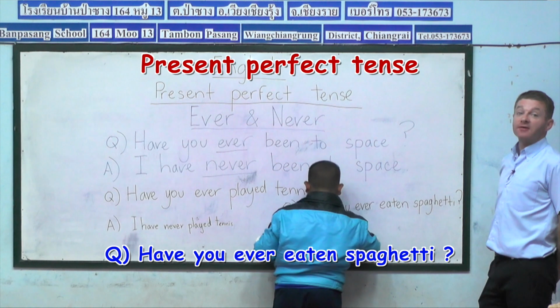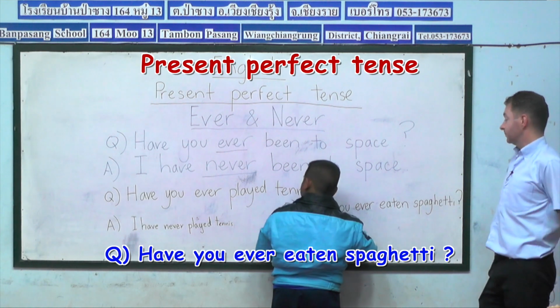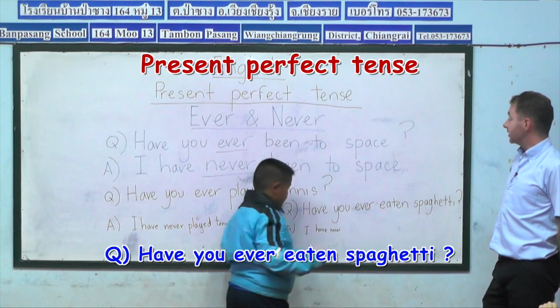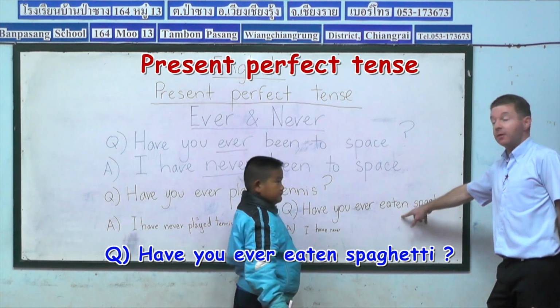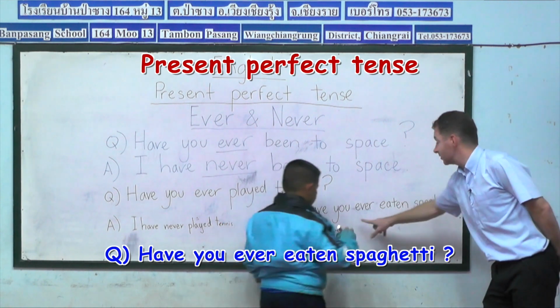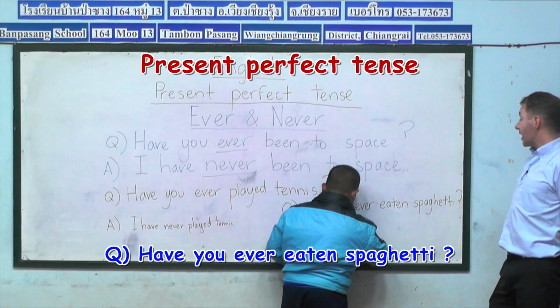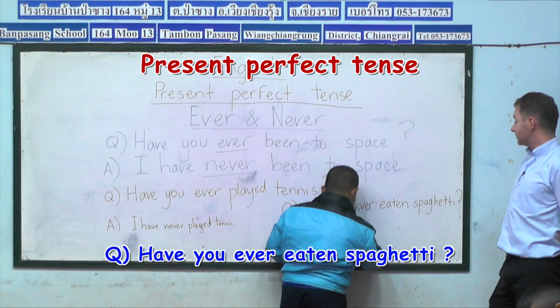Never signifies something that we haven't done in our lives up to that point. N-E-V-E-R. And then we can use the rest of the question, so the verb and the complement. Eaten spaghetti. E-A-T-E-N.